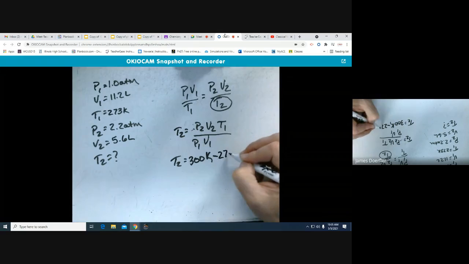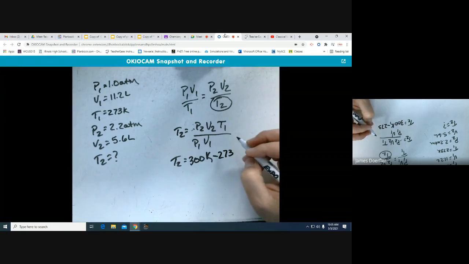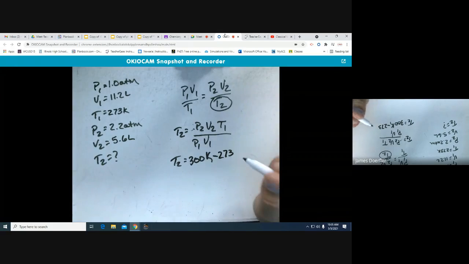What's that? With Celsius. Okay. So let's ask this question. Are you going from Celsius to Kelvin? Well, I just plugged in the numbers. That's all I did. Okay.